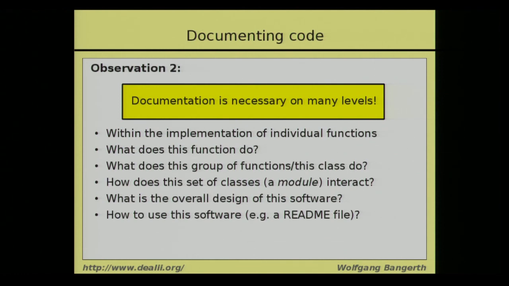Then you would want to have documentation that describes the interaction between different functions and classes. So in deal.II, what you often find is that the documentation in the manual is typically of the kind where we describe what a function does or what a member variable does. But then we have these additional modules that describe how classes and functions interact.